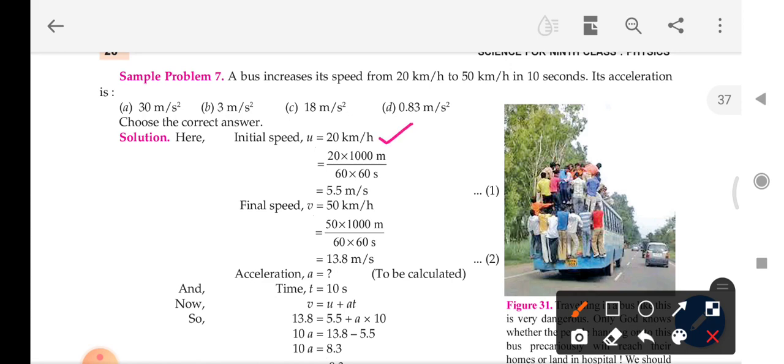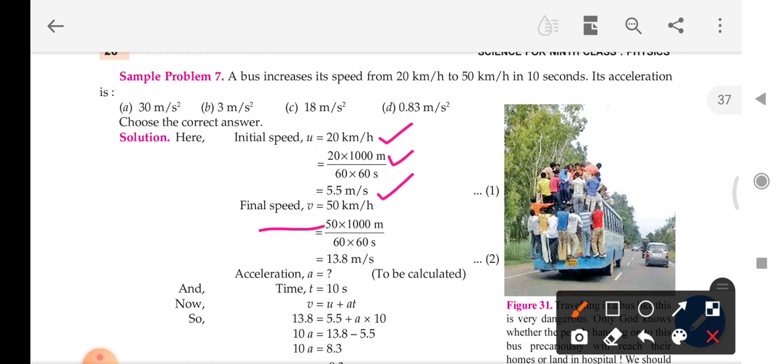You have to convert the kilometer per hour into meter per second. So 20, instead of kilometer we can write 1000 meter, hour equal to 60 into 60 second. When we divide this value, we get 5.5 meter per second.